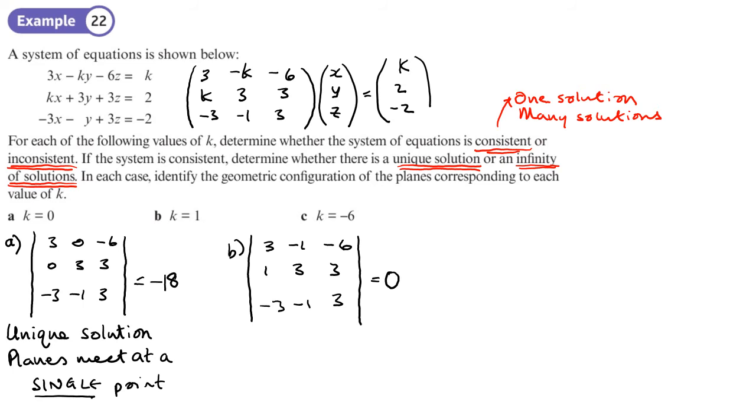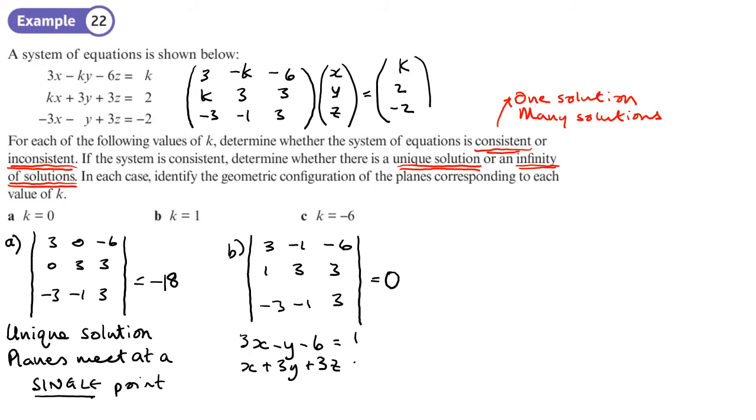Let me write out what these equations are going to be. That would be 3x minus y minus 6z equals... no, sorry, the second is x plus 3y plus 3z equals k, so it's equal to 1, since k is 1. Sorry about that.